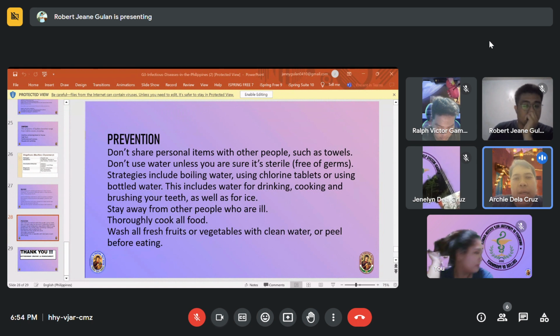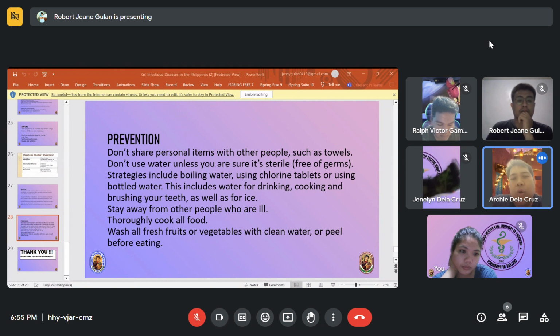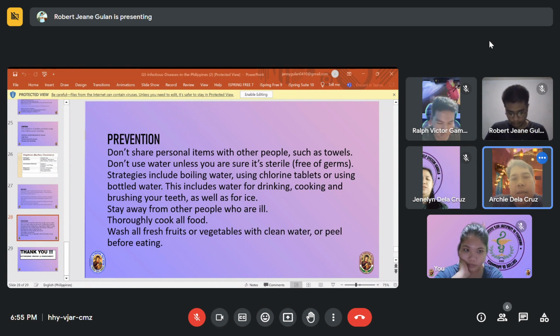Hindi pa alam ng mga ninuno natin ang ganyang klase, hanggang nung meron na ng mga LGUs, ng mga DOH, sila na ang nagsasabi na pakuluan ang tubig or uminom tayo ng sterile water para malinis ang ating mga inumin. So ngayon, konti lang naman ang meron ganyang mga sakit, kaya kayang-kaya natin i-prevent. Isang Google lang, malalaman mo paano natin makikita kung ano yung mga gamot or i-prevent sa sakit na yan.